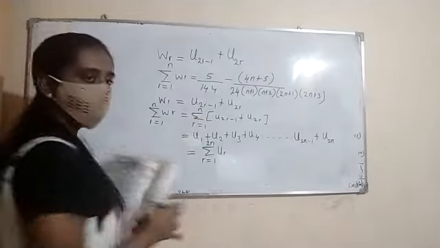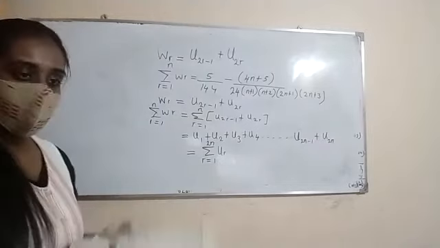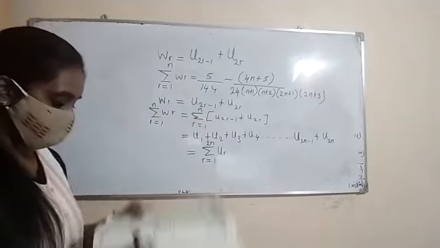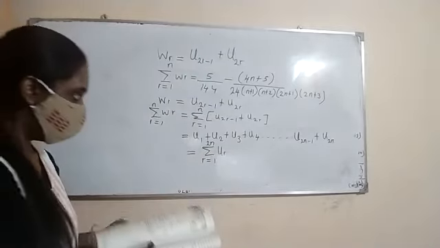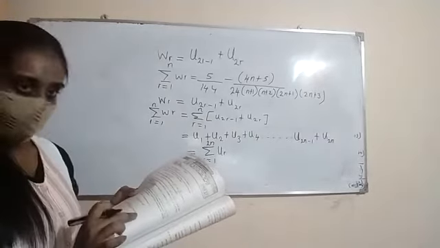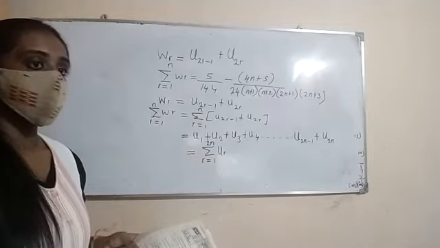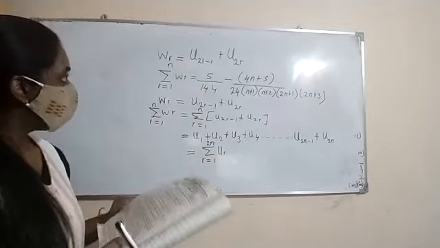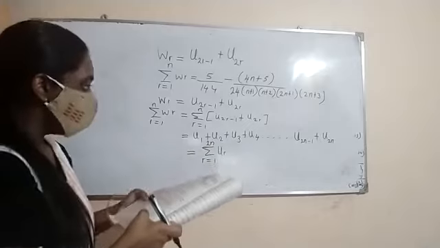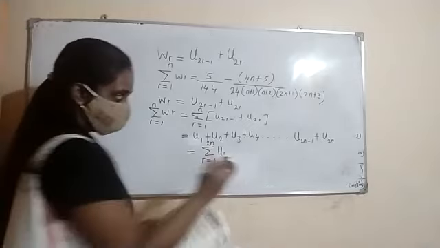So already we know something. What we know? Already we have found in the previous part sigma R running from 1 to n UR. Then in the place of n, if I replace with 2n, I get the answer, isn't it? Yes.